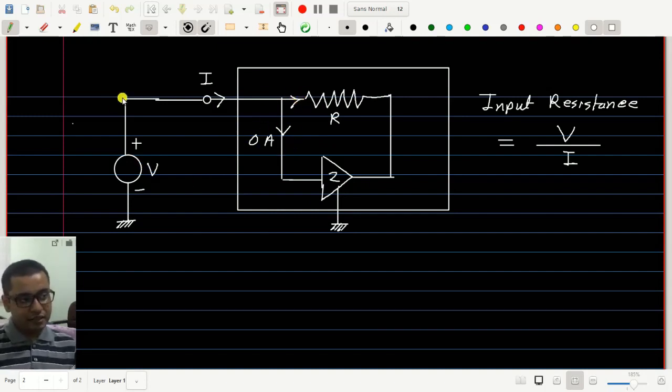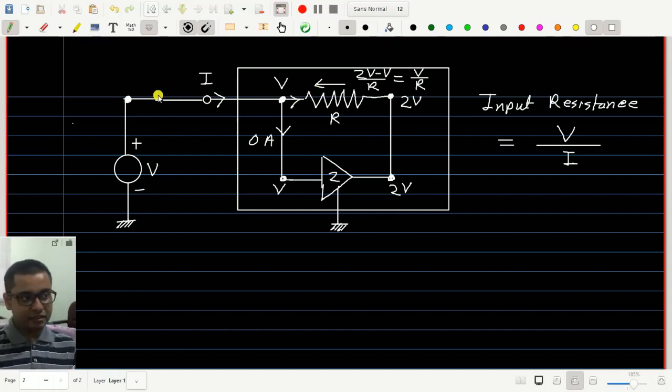Okay, notice that the voltage here is V, so this voltage is also V. This voltage is also V. So here we will get a voltage of 2V, which will come here, and therefore here we will get a current in the direction from right to left with value (2V minus V) divided by R, that is equal to V by R in the direction from right to left.